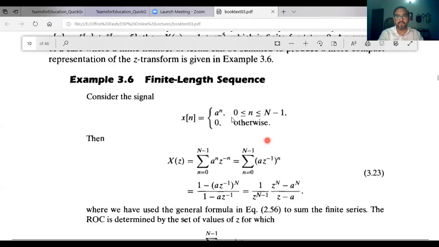So this example is a finite length sequence. It is the last pair in the table we were given, the transform pair. So x of n is a to the n for 0 less than or equal to n less than or equal to N minus 1, and 0 otherwise. If you take the Z transform of this, instead of n from minus infinity to infinity, you can write n equal to 0 to N minus 1, a to the n, z to the minus n.